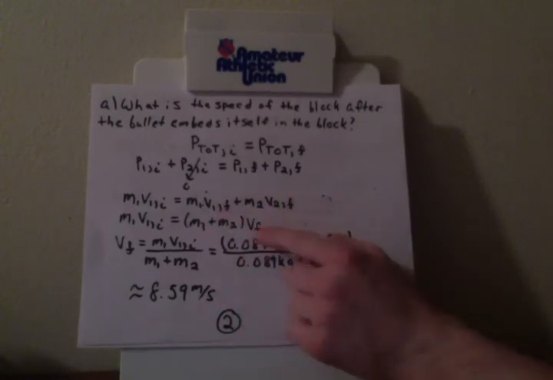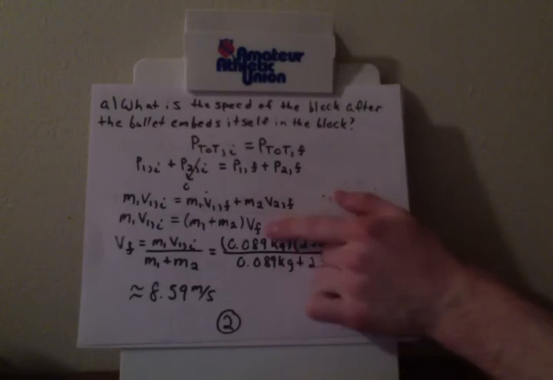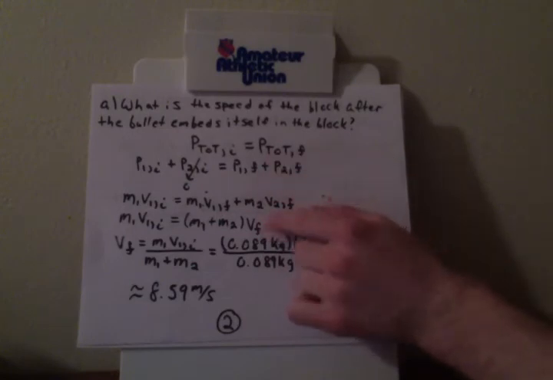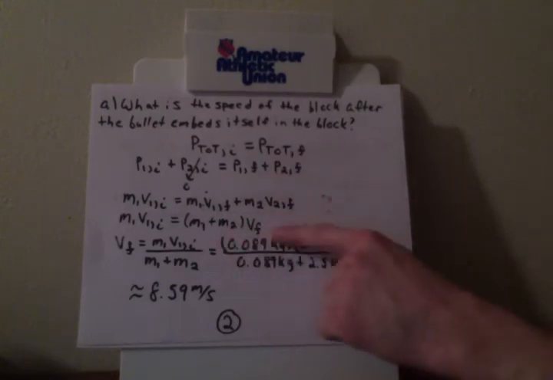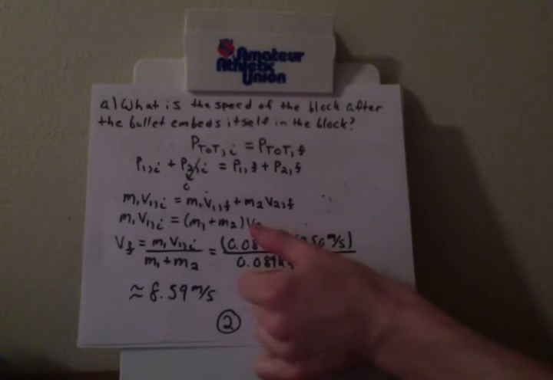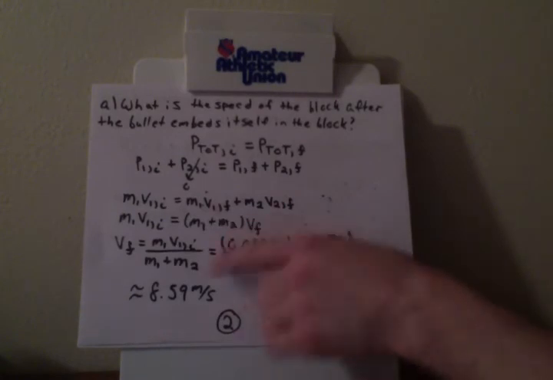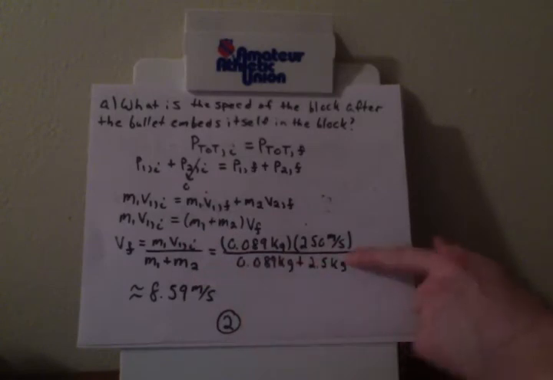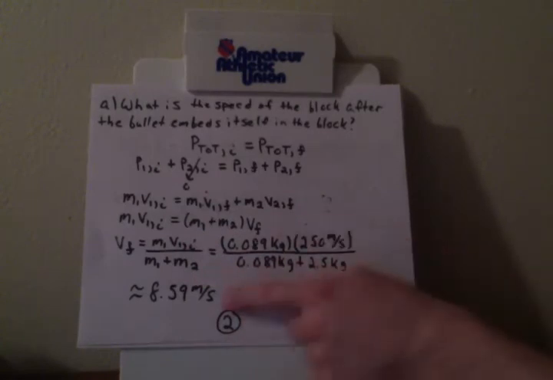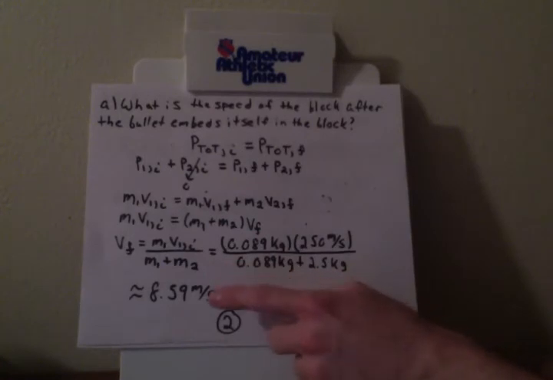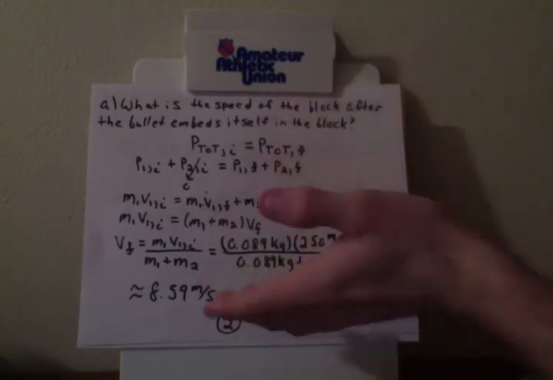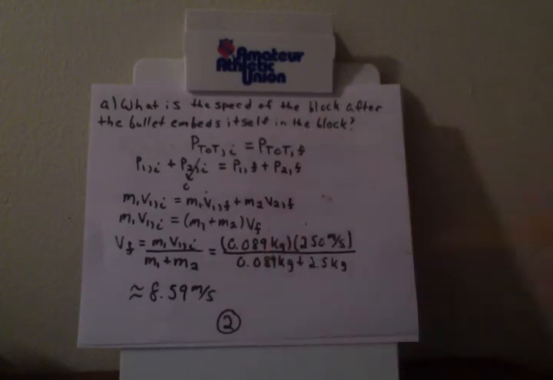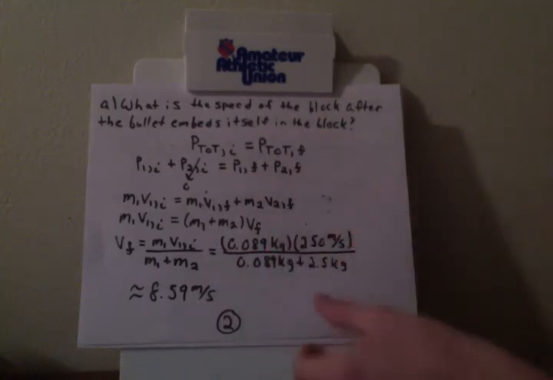So I called that V sub f, and algebraically factored it out, and this is the value we're solving for. So divide by m1 plus m2, we reach this form here, plug in all the values, and I got that as the velocity. That's the final velocity of either the block or the bullet, in this case of that object merged together.